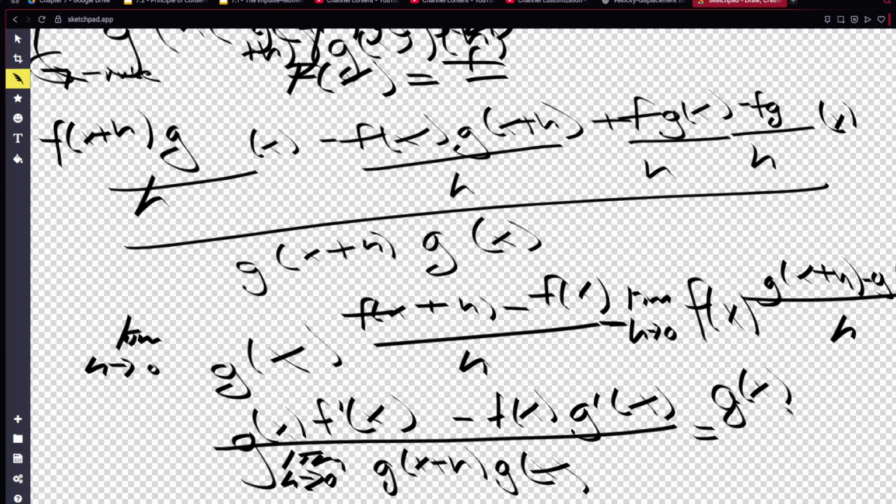It's going to be g of x times the derivative of f of x, to keep it homogeneous I'll put the derivative as the second part of the product, minus f of x times g prime of x, all over g of x squared.